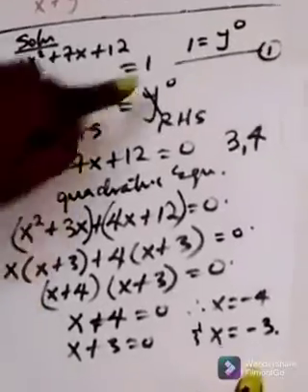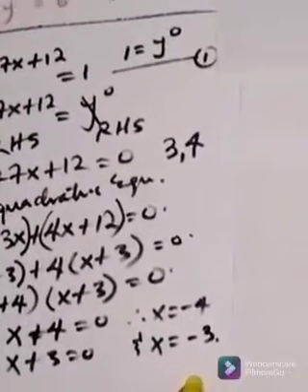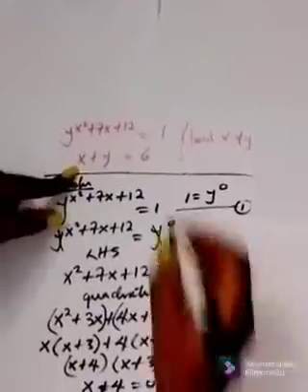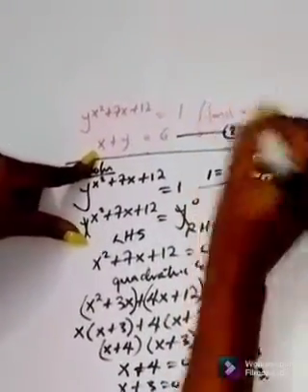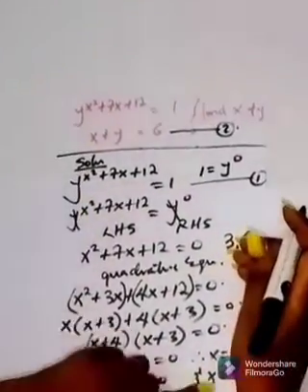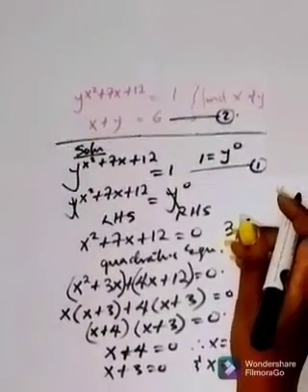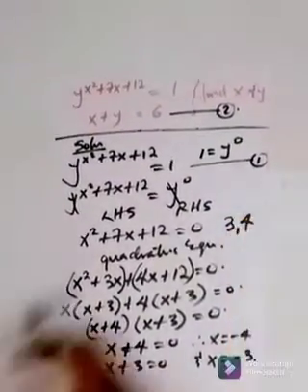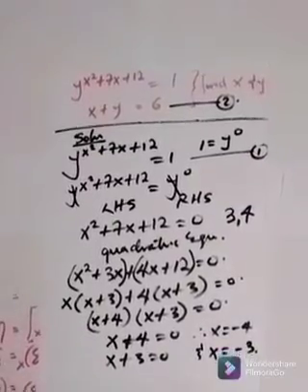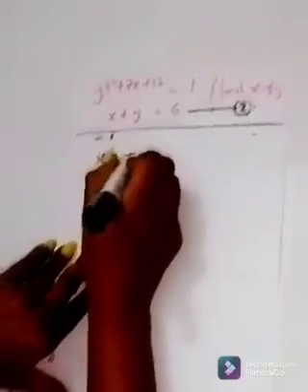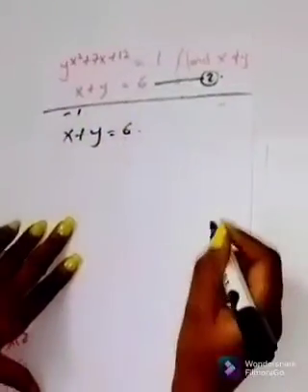So how do we find the value of y? Remember, we have a second equation. So if we fix the value of x into this equation, we know the value of x. So x plus y is equal to 6.